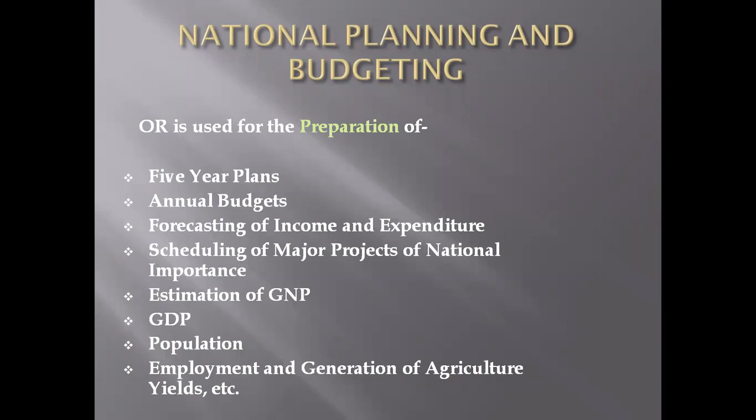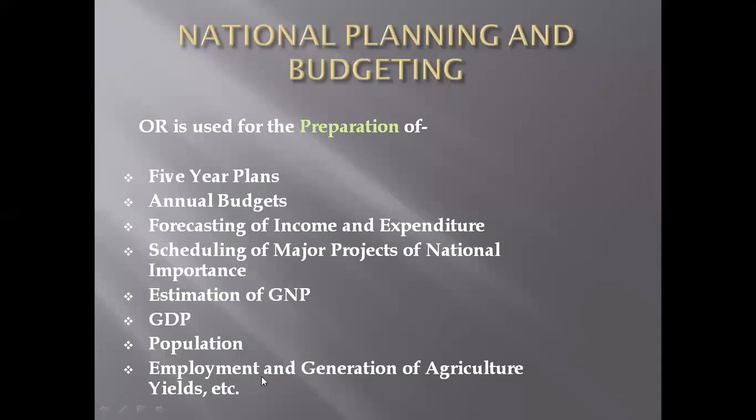Next, another one is scheduling of major projects of national importance. National importance here means projects which are very helpful for the life sustenance of people. Government is for the people, so it has to spend the major economic receipts or expenditure towards the life sustenance of people.